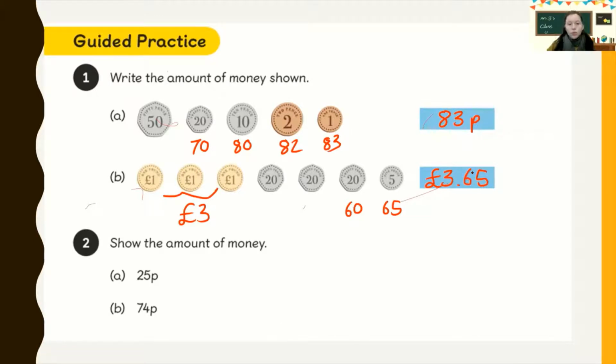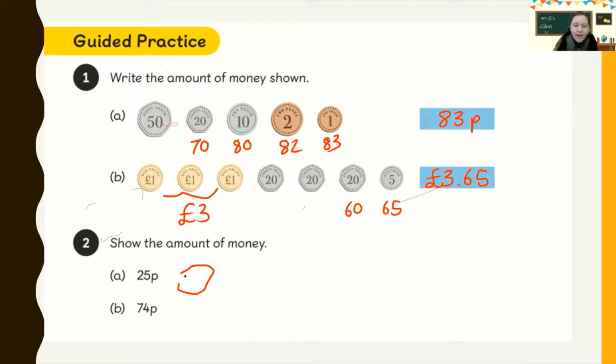Okay, show the amount of money at the bottom now. So can you draw some coins to show these amounts of money? I'll give you a little bit of a hand. So 25p. What's the closest coin we have to 25? It is another septagon, a 7-sided coin. That's right, it's a 20p. Watch me try and draw this with this pen and it goes terribly wrong.